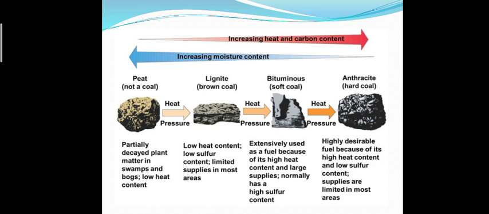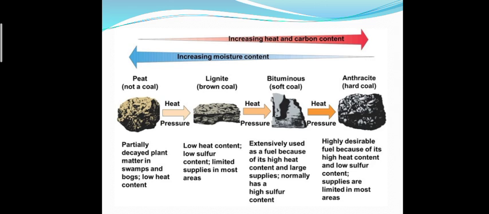This picture is also showing 4 stages of the coal formation along with their properties. So in the very first stage, peat is formed, and when intense heat and pressure act on the peat, it will turn gradually into lignite, which is a brown colored coal.